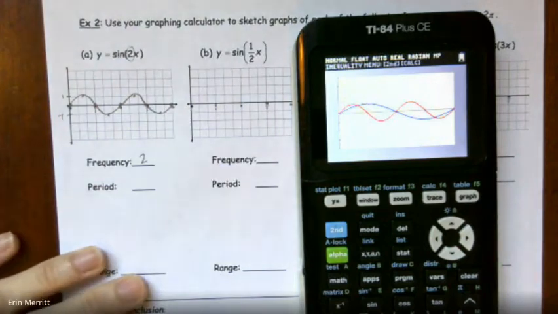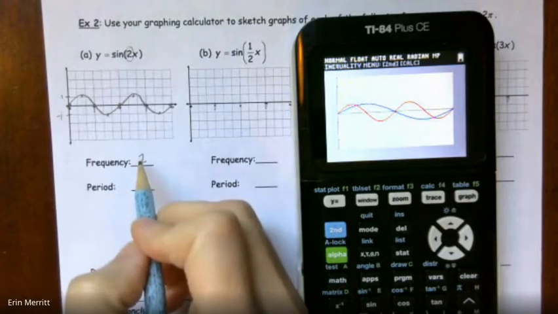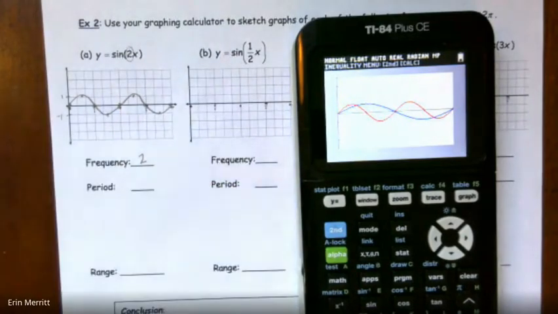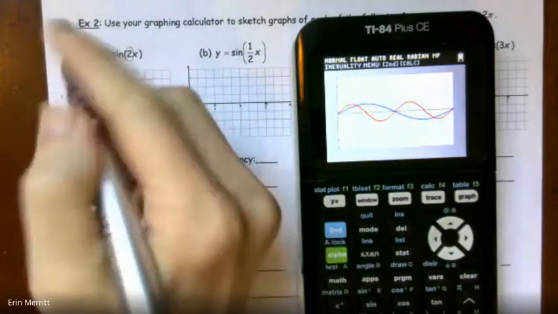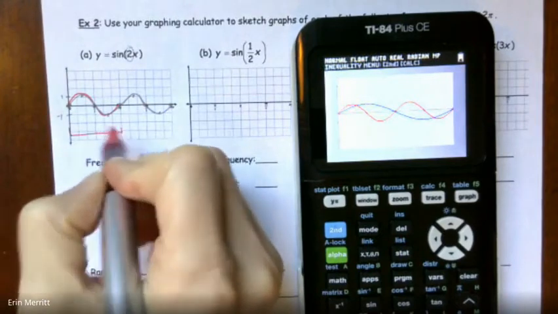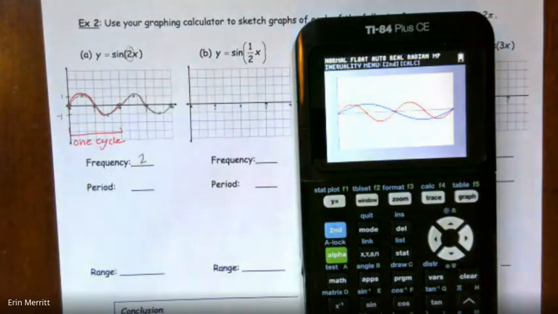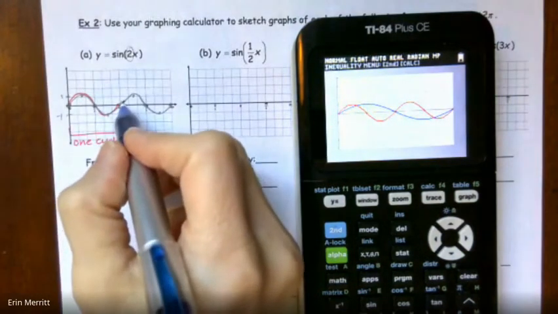All right, so a couple things. When the frequency is 2, we're seeing 2 full cycles there. Remind yourself, and I'll grab my pen to kind of highlight it. That is 1 cycle right there. And then the second one would be the one next to it, right here, that repeats.